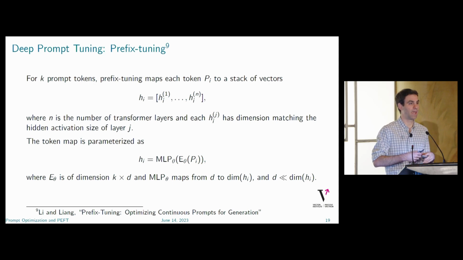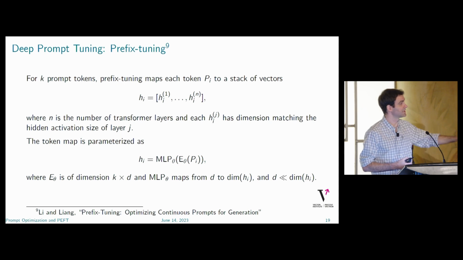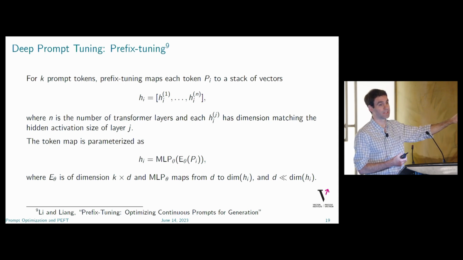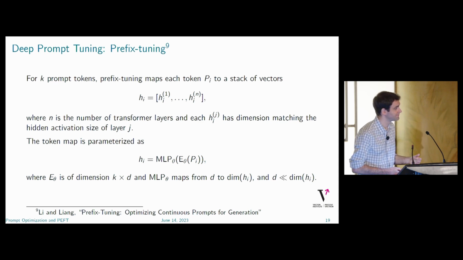And then they apply a dense neural network to flesh out or flare out the dimensionality a little bit to match the stacked dimensions of your transformer. And so these HIs are injected into your transformer at each level rather than just at the beginning, as you would see in prompt tuning.